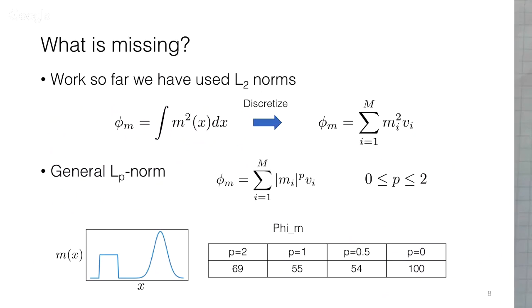If we took even this model that we've got here and evaluated it with p equal to 2, we get a number of 69. P equal to 1, we get 55. P equal to 0.5, 54. P equal to 0, we get 100. Remember we were talking about rulers this morning, like how do we measure the length of something?